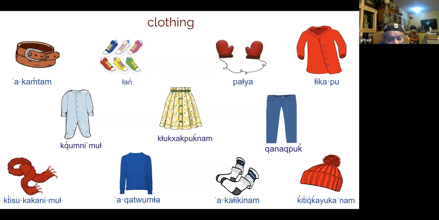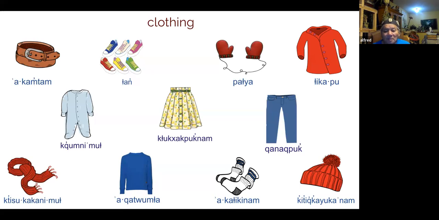Kakanemos, the scarf, means the thing that is used to cover up your neck.